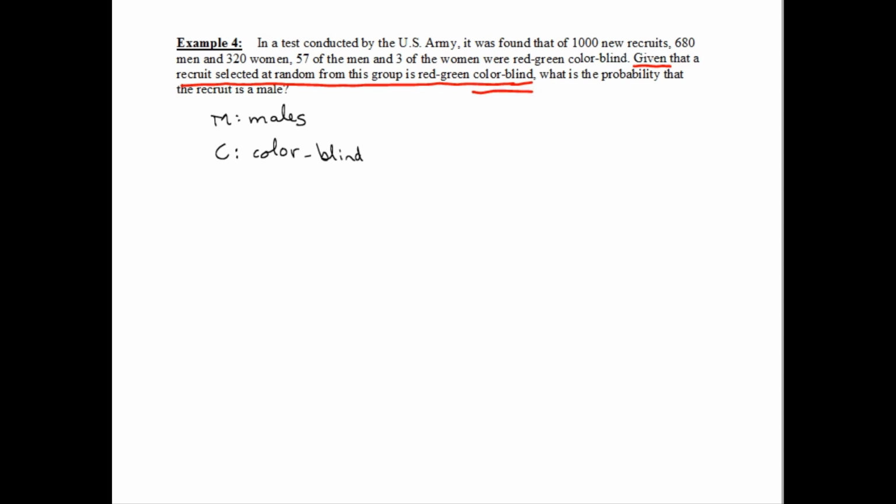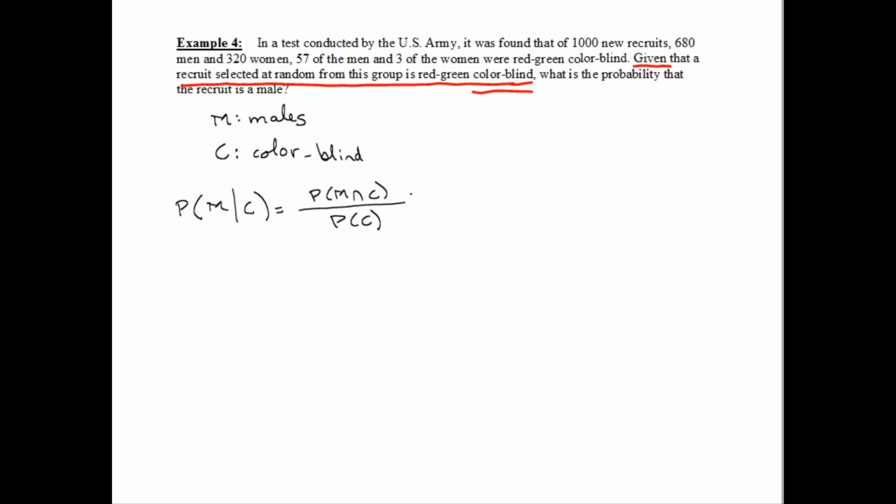And then knowing that, we are asked to find the probability that that person is a male. So we are being asked to find the probability of male given colorblind. Once you write this down, then we can use the definition to write a formula for it. So this is going to be the probability of the intersection of those two events divided by the probability of the given. Now we need to find each of these.